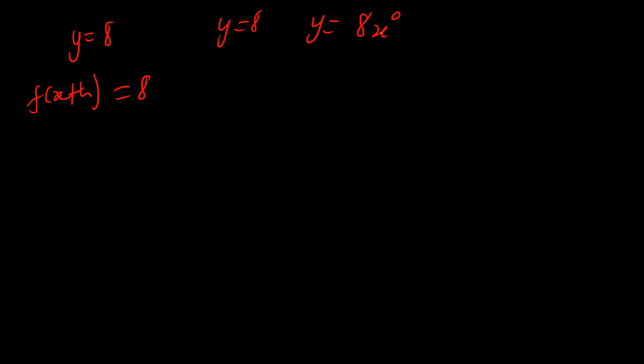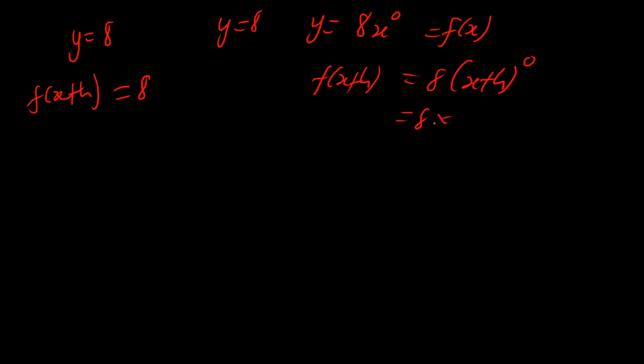Now if we take this to be equal to f of x, then f of x plus h is going to be what? 8 times x plus h raised to the power 0. Now x plus h raised to the power 0 is 1, which becomes 8 times what? 1, and that equals 8. So f of x plus h in this case is 8.